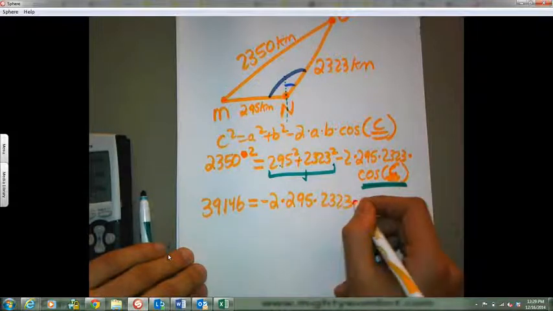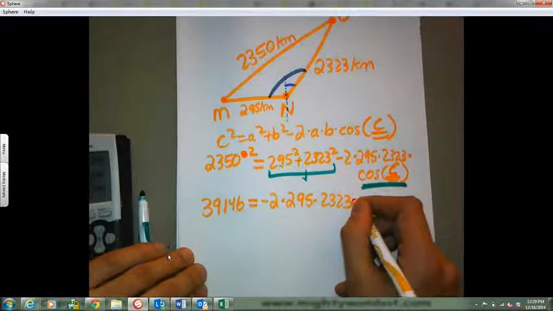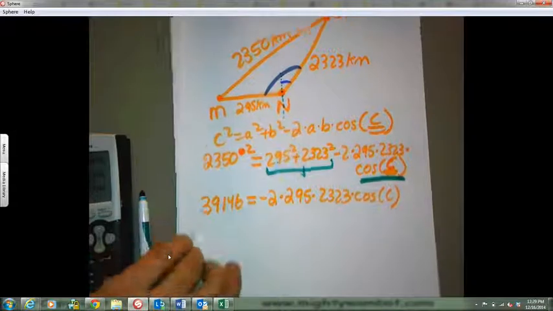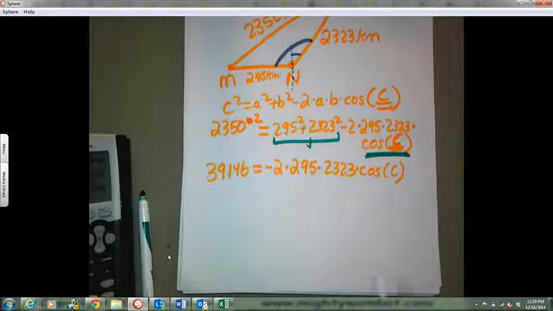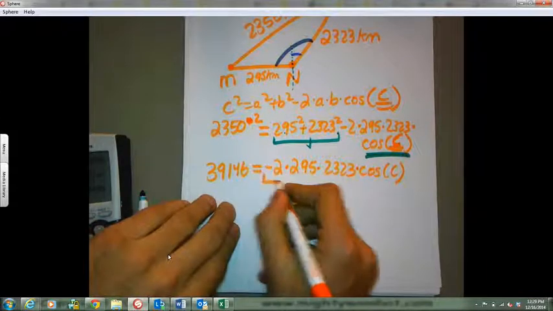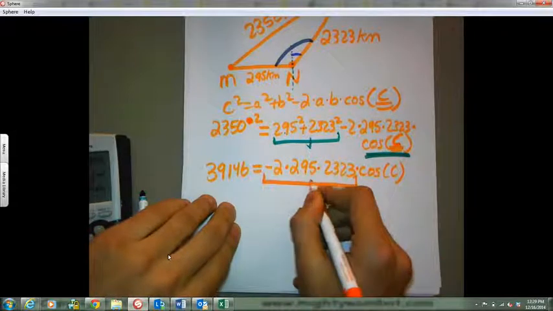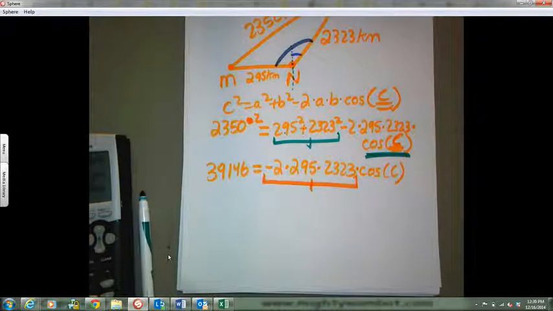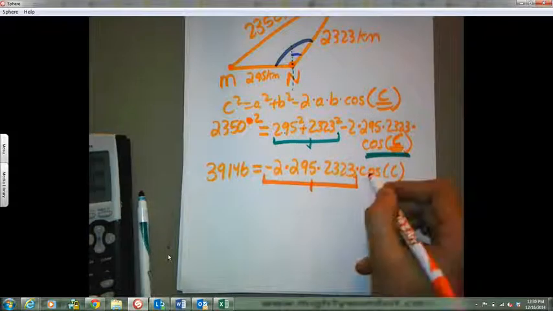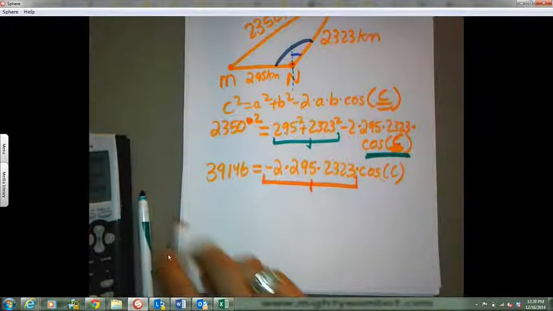There's a negative up front. Yeah, negative from here. I'm now going to multiply all of this and then divide it, so I can get the cosine C by itself. Remember, the goal is to isolate this.